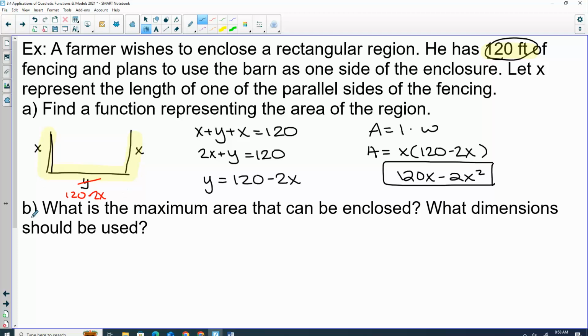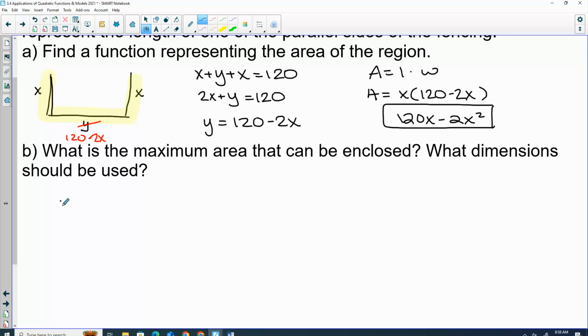Part B. What is the maximum area that can be enclosed? Anytime I ask you for a max or min, what am I asking you to find? Vertex. How do we find a vertex? Okay. What's my B value?